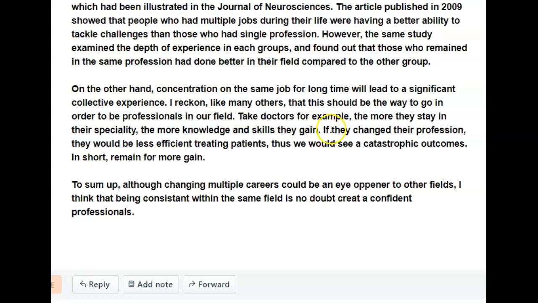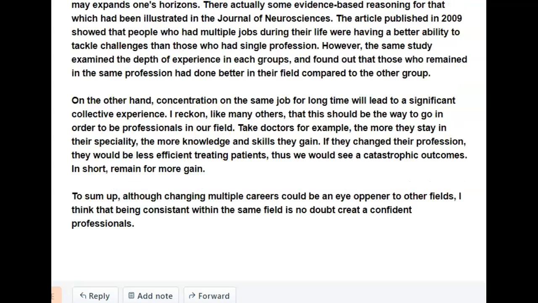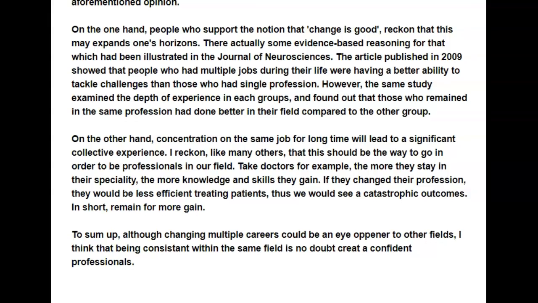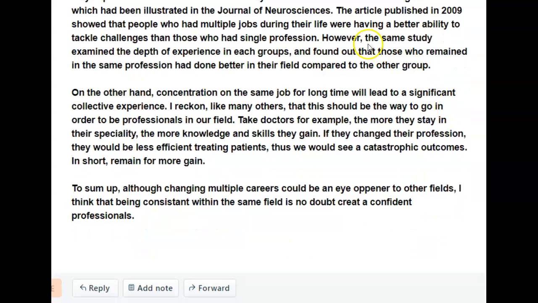You did a lot of nice things. You had a nice conditional here. It was good. "In short, remain for more gain." Okay, that's nice. Although I would have liked to see a little bit more in this paragraph. I think you could have said a little more. You had this one example here.